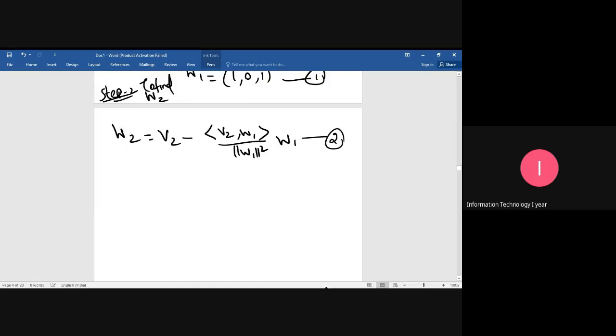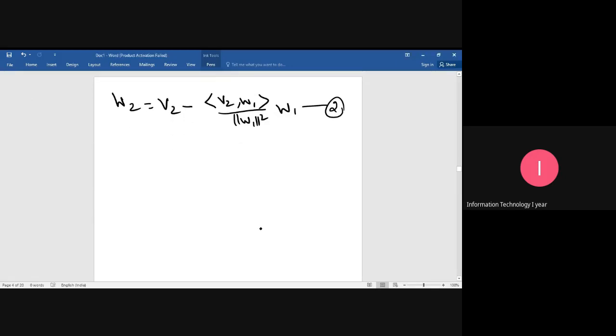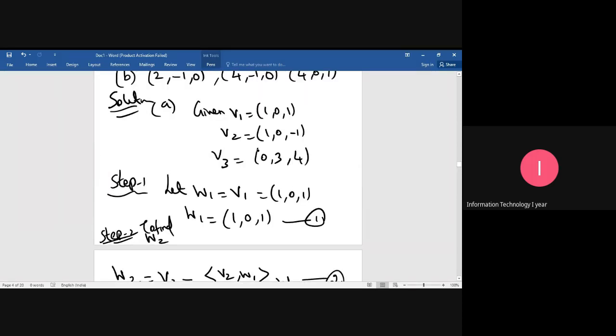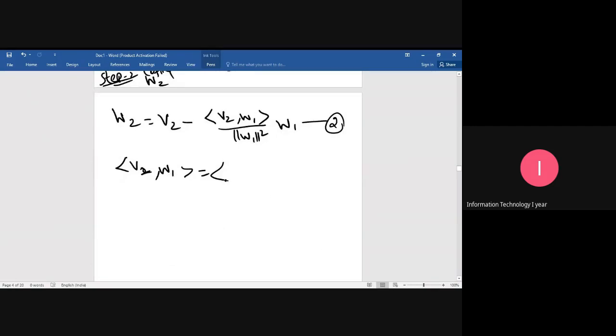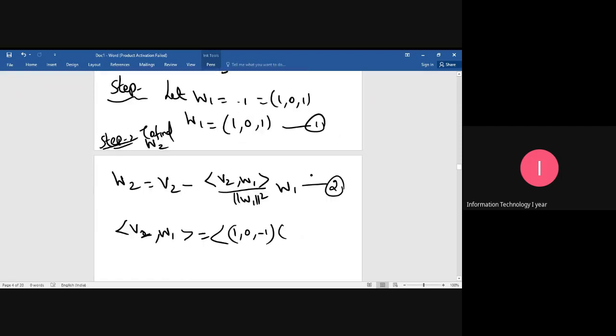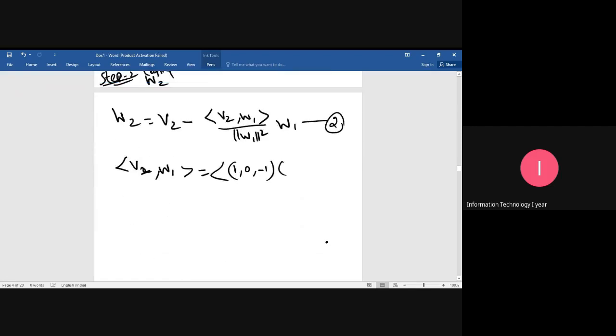So find W2 now. After that, using W2, we find W3. For W2 we know V2, but we need the inner product of V2 comma W1. V2 is 1 comma 0 comma minus 1 and W1 is 1 comma 0 comma 1.